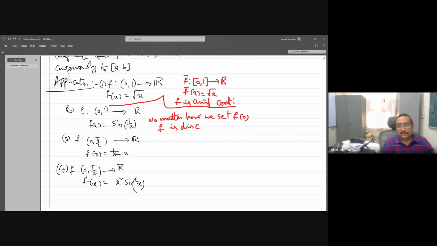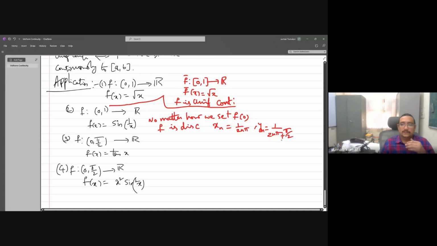Because there is a sequence xn converging to 0 along xn equal to, let's say, 1 by 2n pi, and maybe you take yn equal to 1 by 2n pi plus pi by 2. Then f of xn along this sequence is 0 and f of yn along this sequence is 1. So therefore, you cannot make it continuous at 0. So therefore, f is not uniformly continuous.